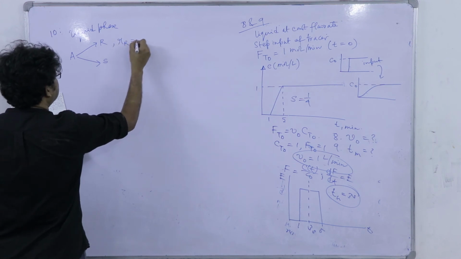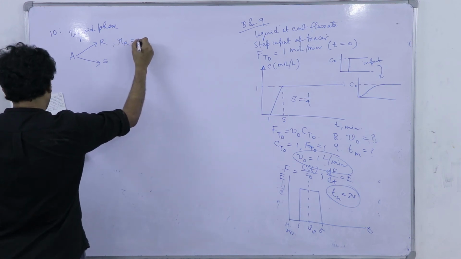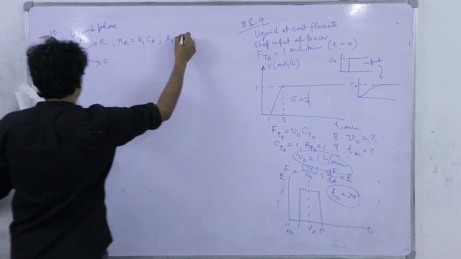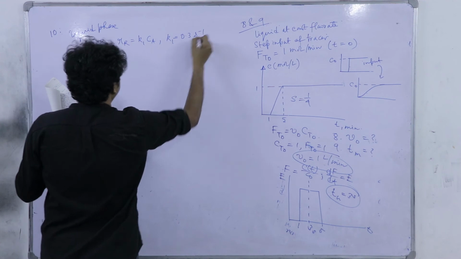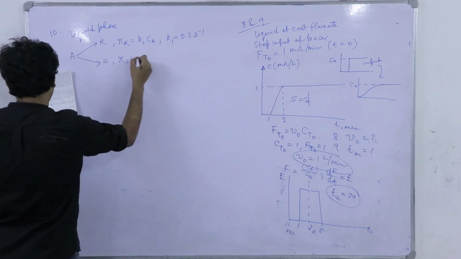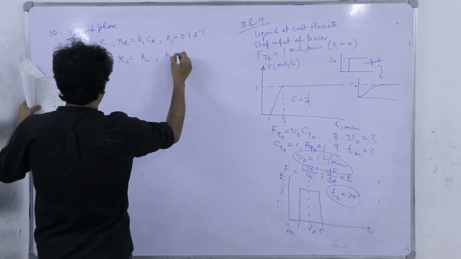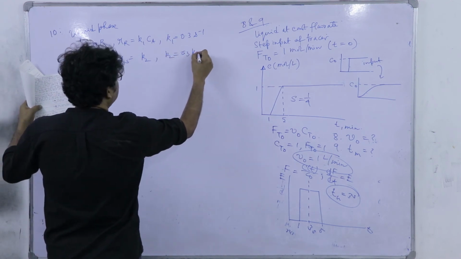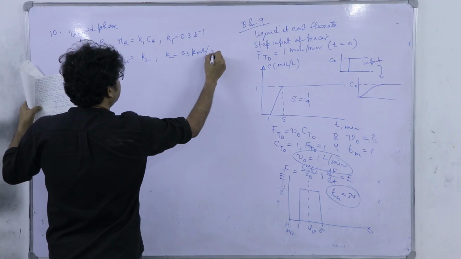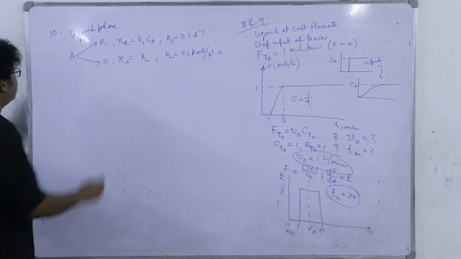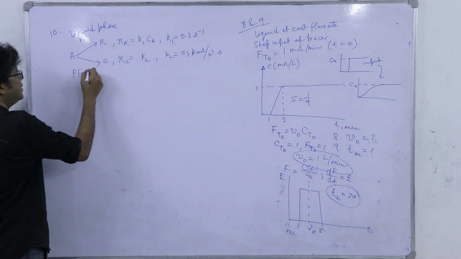So, RR is equal to K1 into Ca, and K1 is 0.3 second inverse. RS is equal to K2 only, a zero order reaction. K2 is also 0.3 kilomole per meter cube second. It is conducted in an isothermal PFR. So, it is conducted in a PFR.